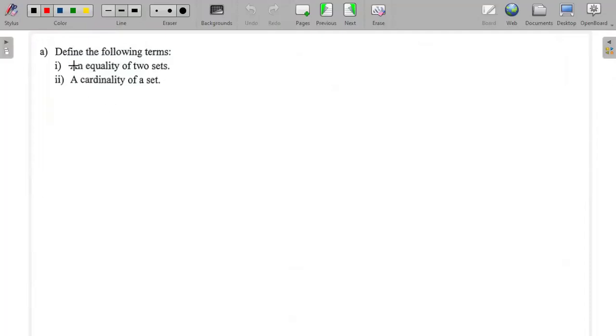The first one here, they're saying define the following terms. Number one, the equality of two sets. This is the definition.